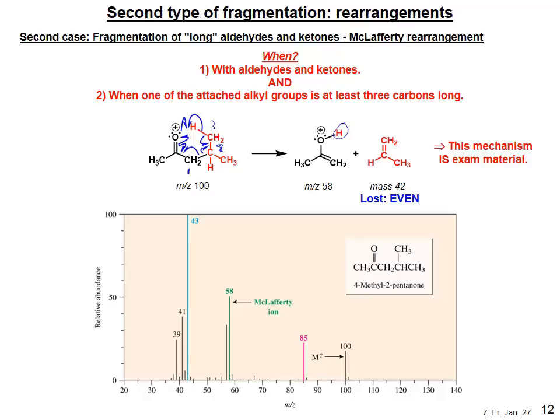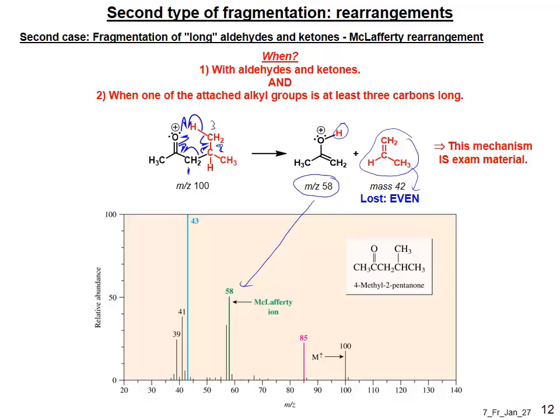And then what we expel, through a mechanism that involves a cyclic movement of electrons, is a neutral molecule. This neutral molecule has an even mass, so that if we start with an even mass molecular ion, we're going to lose an even mass, so that the corresponding positively charged species that's going to be detected on the spectrum will also be an even mass.